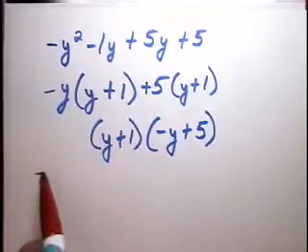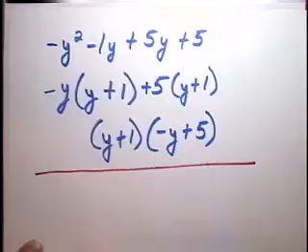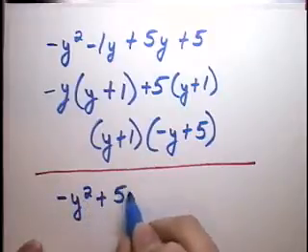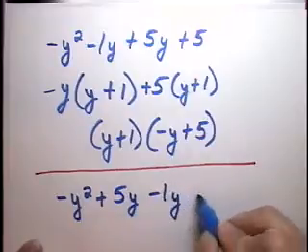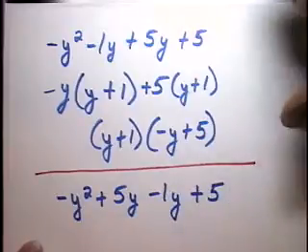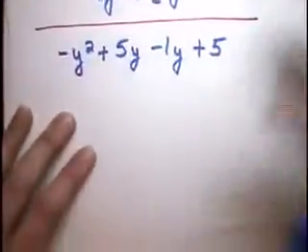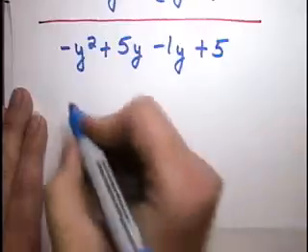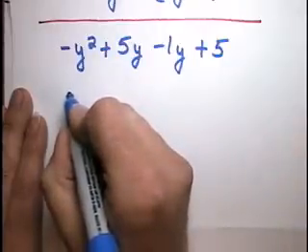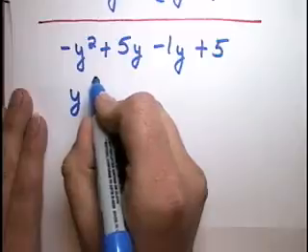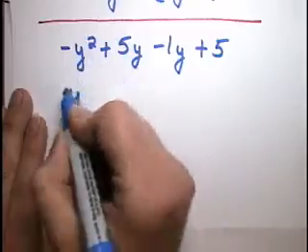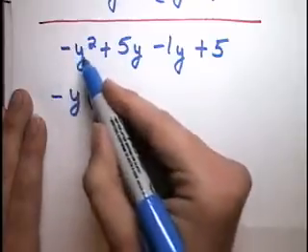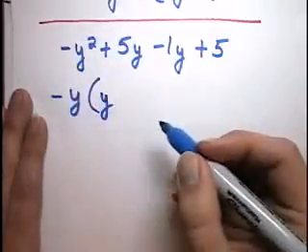So, let's take the second problem that we had. We had negative y squared, and then the plus 5y was first, and the minus 1y was second. So what happens here? Let's take those four terms and factor by grouping. Let's go ahead and take a negative out like we did last time. If we take a negative y out, the negative and one of the y's is gone.